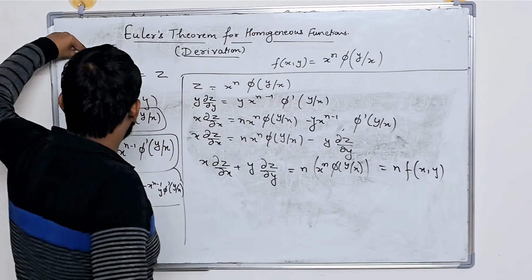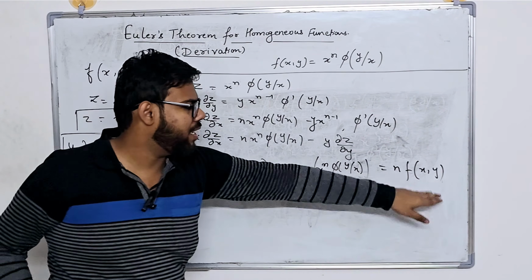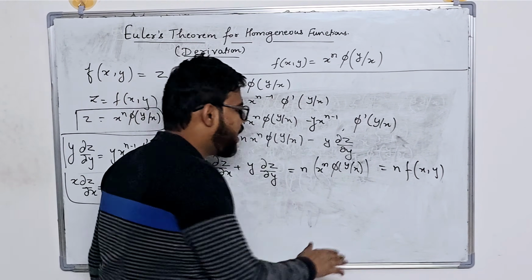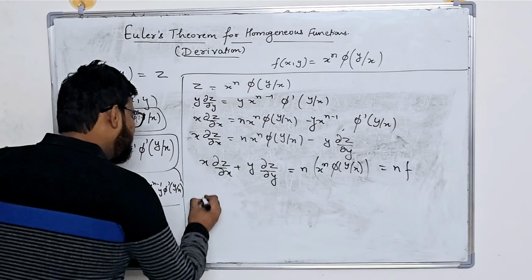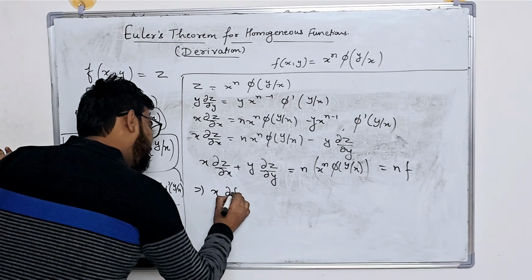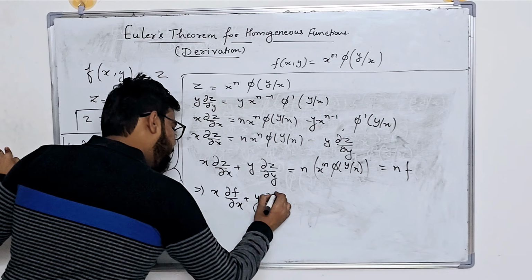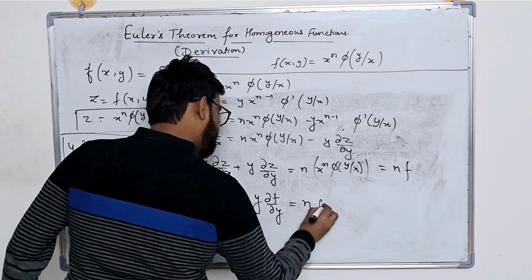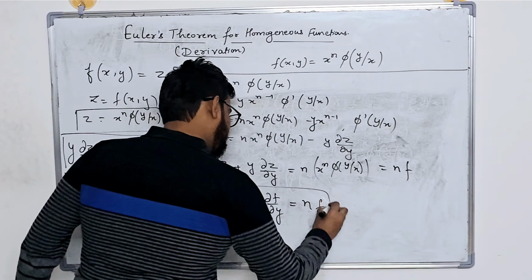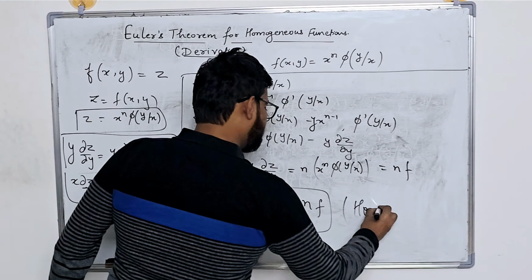And what was z? z was equal to f of x comma y. So instead of writing x comma y, because we all know that it is that, I'm removing this. So we get x del f by del x plus y del f by del y is equal to n times this quantity. Hence proved.